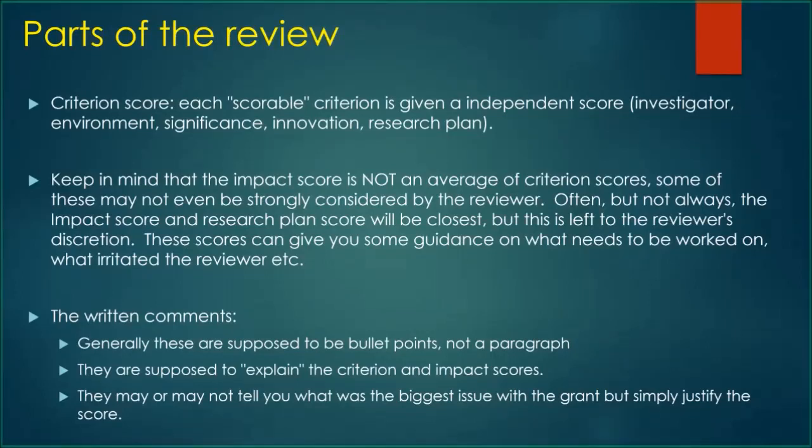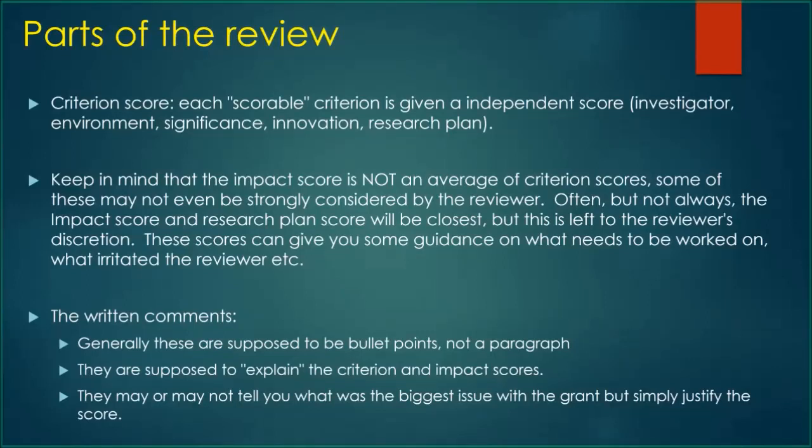Now, when you look at the criterion scores, they'll definitely give you some guidance on what parts of the application they thought were weak. For instance, let's say you got a good score for research plan, investigator, and environment, but a terrible score for significance.